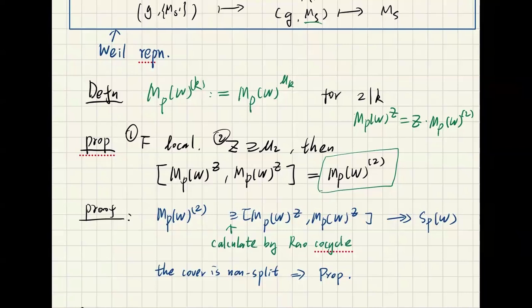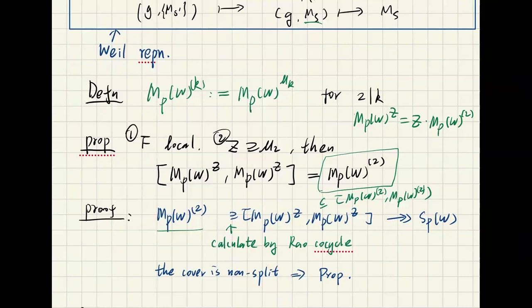Therefore, since everything in the center commutes with other elements, the commutator subgroup of MPWC is contained in the commutator of MPW2. But this one is certainly contained in MPW2. So therefore, we will have this, which you can see by calculation of the Rao cocycle.